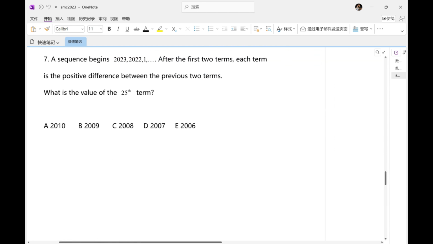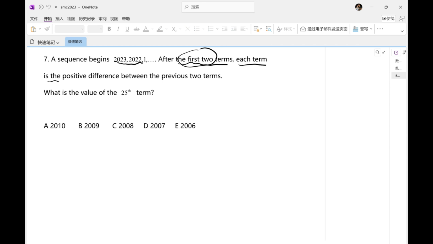And to question 7: a sequence begins 2023, 2022. After the first 2 terms, each term is the positive difference between the previous 2 terms. It's also a sequence question.